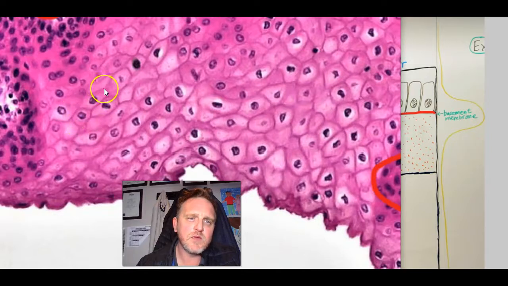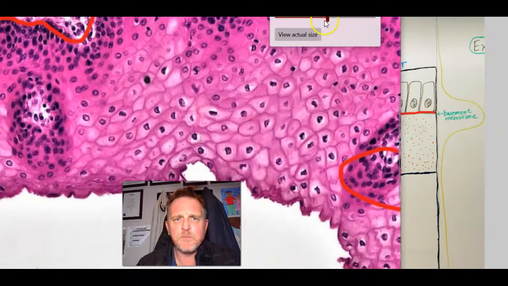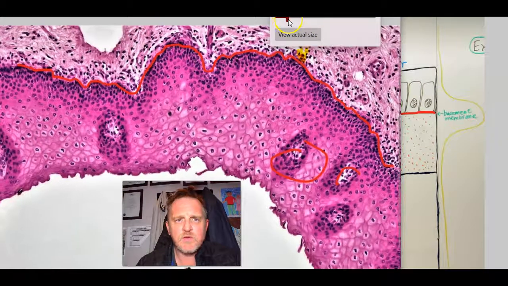The cells mold almost like they appear to have sides to them, and then others more rounded. If you notice, that's got a more planar appearance, and this is typical for the stratified squamous as it matures towards the superficial layer, and then towards the basal layer, which is at the top of the image here.